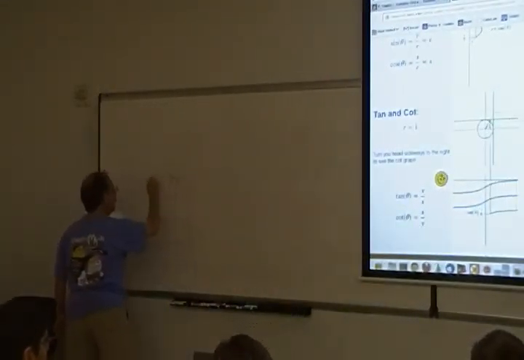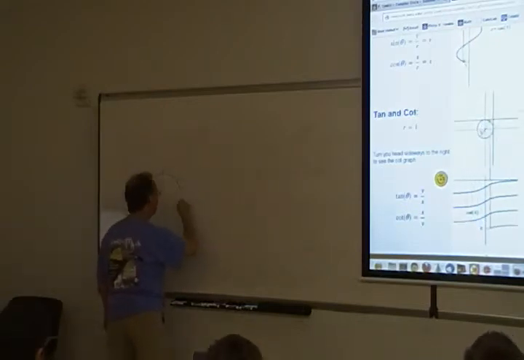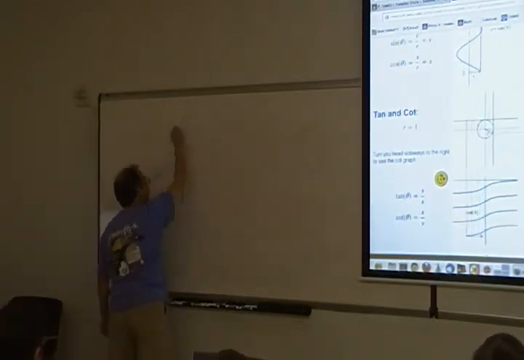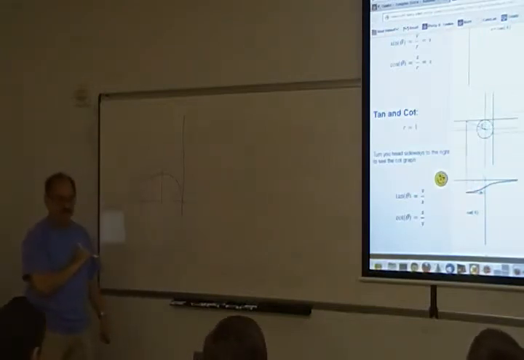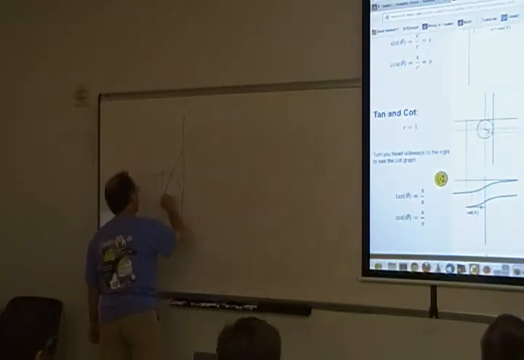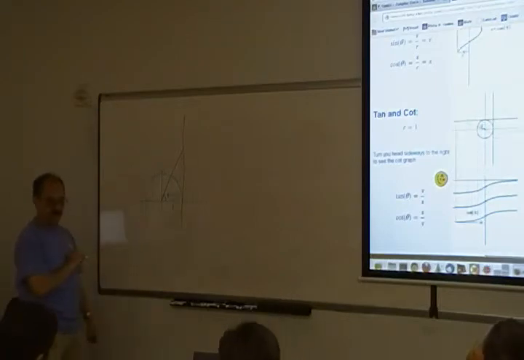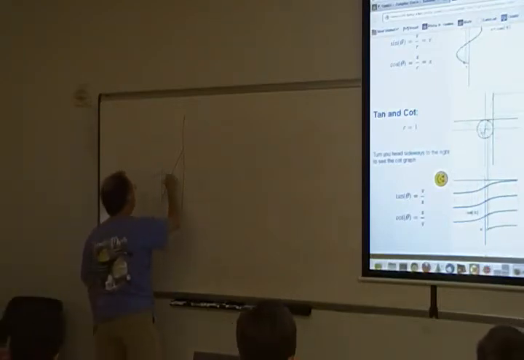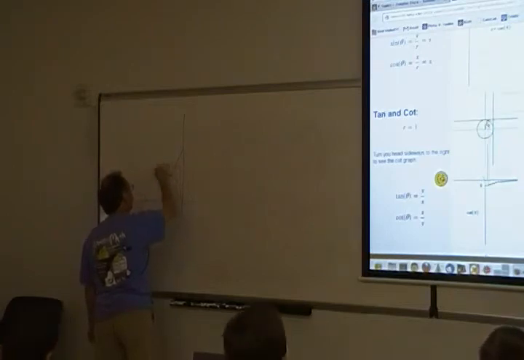So here is our circle. Here are some axes. Here is the tangent line at the x-axis. Here is an angle coming out. So that's the angle theta. The circle is radius 1. And this point is x comma y.